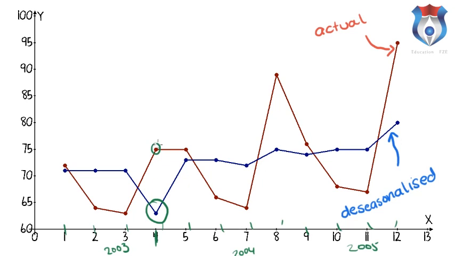It looks like their sales were up around that time period, but because that's the end of the year, maybe Christmas sales, and Christmas sales are normally up here somewhere, this year they actually had quite low sales deseasonalized. See that? That's the kind of stuff that deseasonalizing the data can tell us.